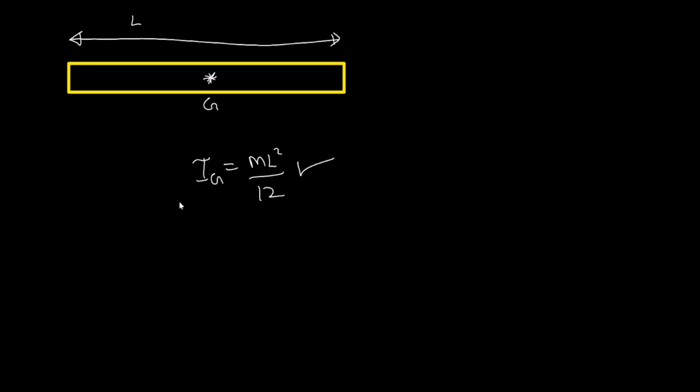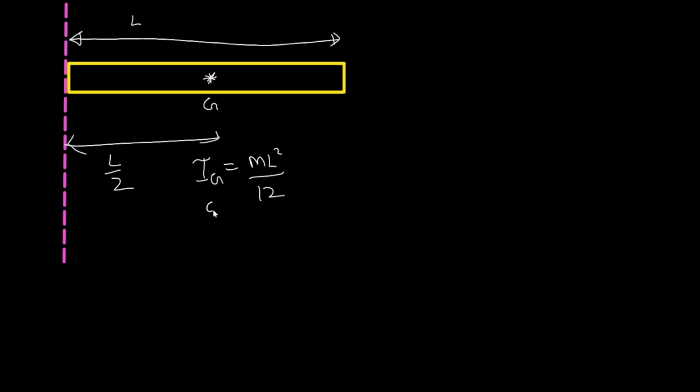If I want to calculate about this axis, I have to calculate this distance. Instead of a random distance, I will take another: suppose this axis is passing at the end of the object. We know the distance because it is half, this is L by 2.